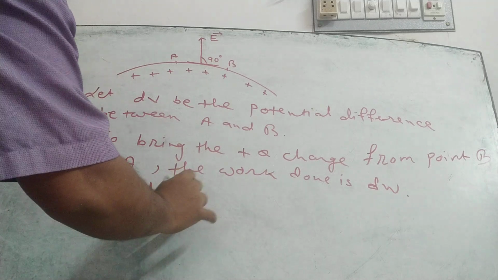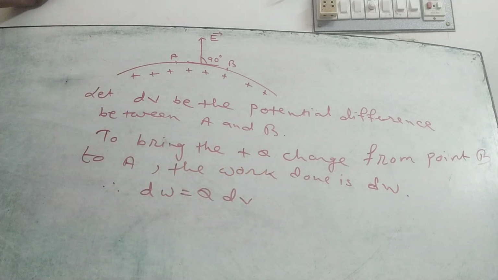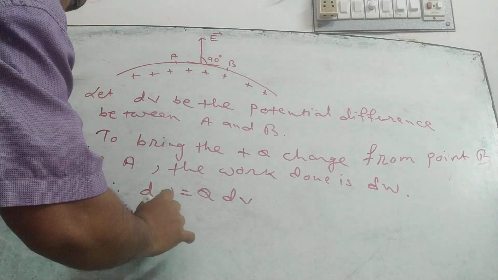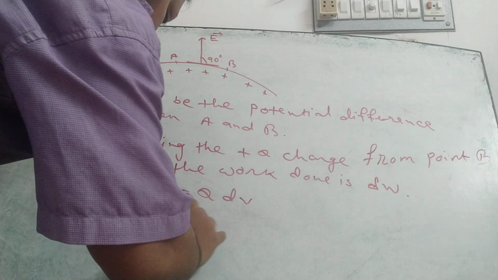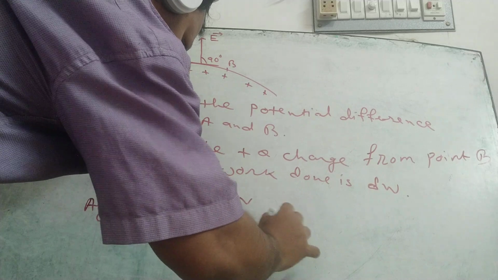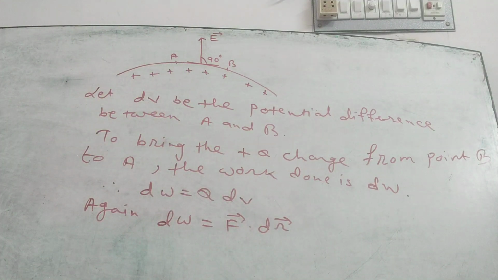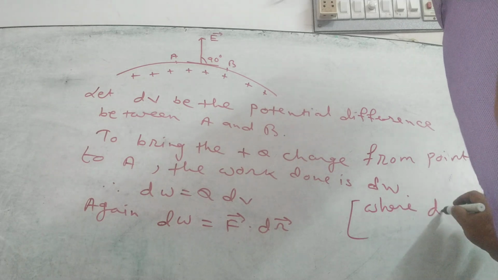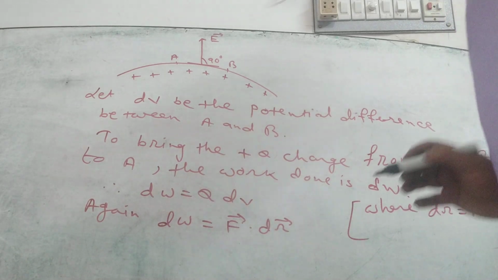Therefore, dV is equal to dW by Q. Again, we know that work done dW is equal to F vector dot dr vector, where dr is the displacement of the charge, dr is equal to AB.